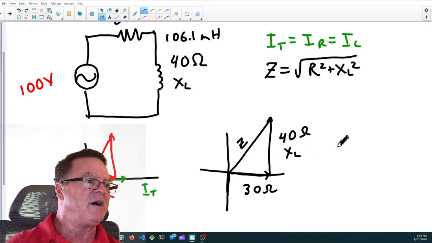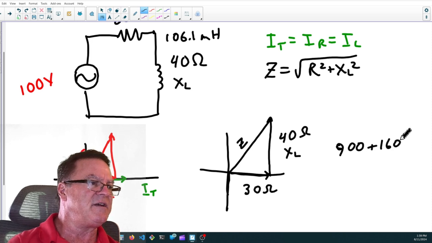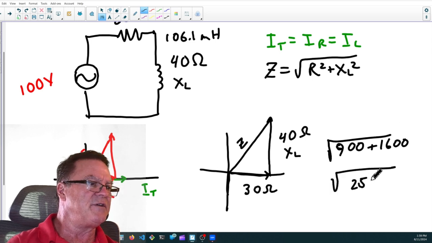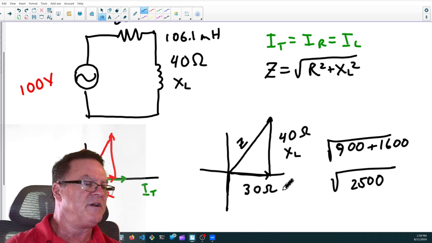It's Pythagorean's theorem, basically. So 30 squared is 900, and 40 squared is 1600, and that's the square root of 2500, and you can check that in your calculator. The square root of 2500 is 50. So it's 50 ohms. That's my impedance.